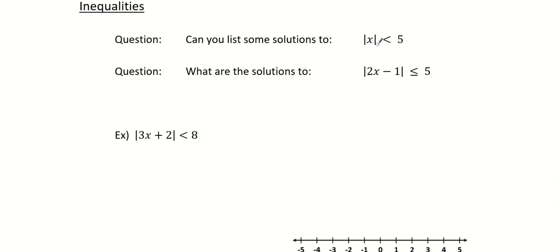The absolute value of what would be less than 5? Well, the absolute value of 4 is less than 5, right? The absolute value of 1, the absolute value of 0, what else? Would any negative numbers work in here? Yeah. Negative 1, negative 2, negative 3.